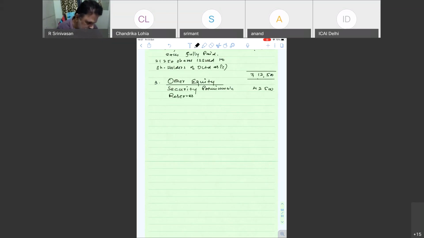So this is 1 lakh minus unrealized profit on stock 5,000.